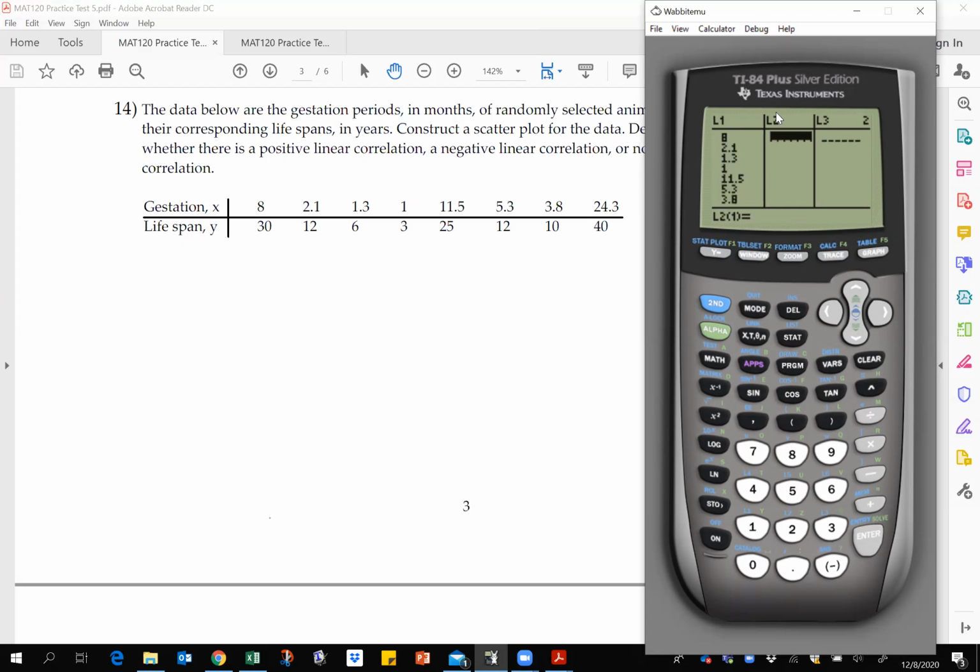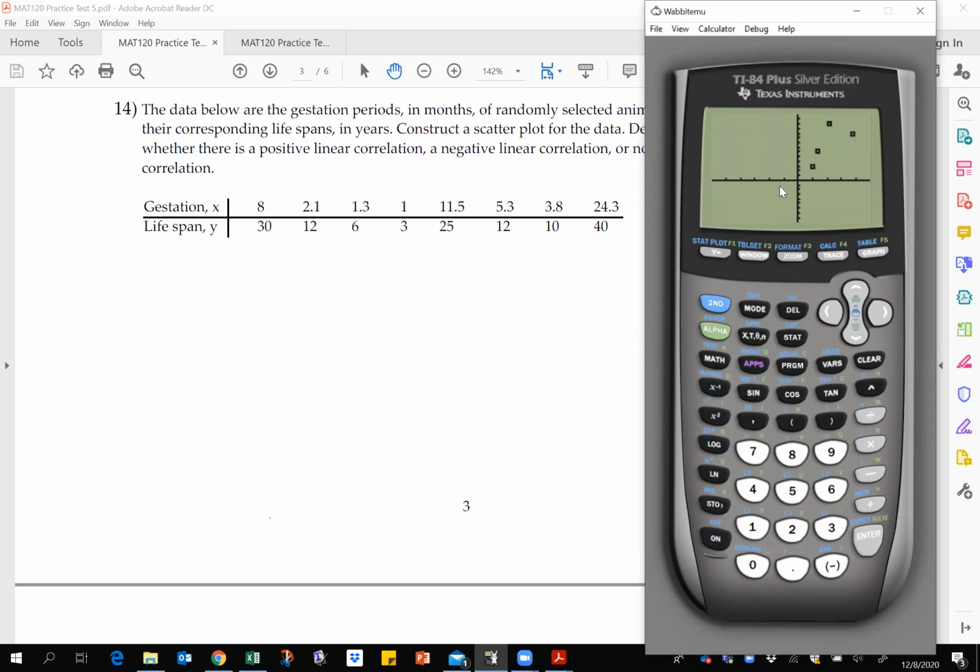I now come over to y2, and in order I need to put the y's. Again, once you have that done, we're going to do the same thing. I'm going to graph these.